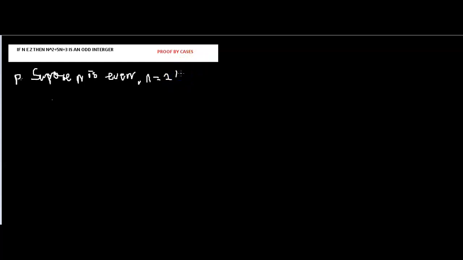And then you have to say what k is, because you put k. So k is an element of integers. Now let's do the proof. So then n squared plus 5n plus 3 is an odd integer. So you made n equal to 2k plus 1. Now put 2k plus 1 in this equation over here.